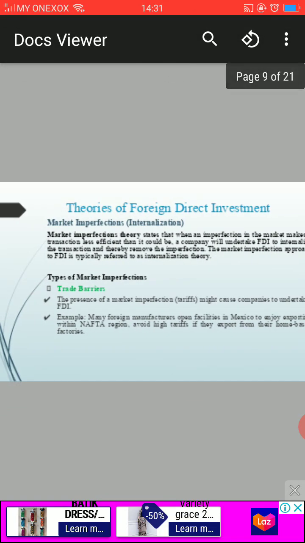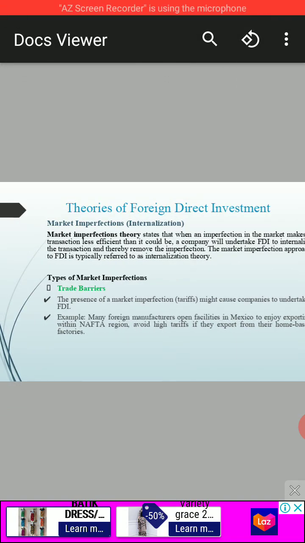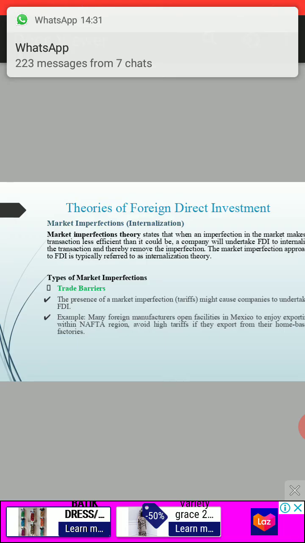Okay, so for the theories of FDI, there is market imperfections, which is sometimes also known as internalization theory. The company needs access to specialized knowledge that is only available in a foreign country. So for an MNC, through merger and acquisition, what they can gain is transferable knowledge.